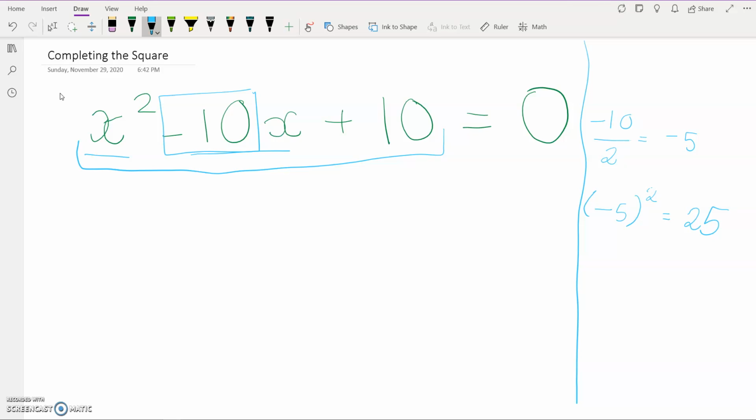Now 25 is a special number in this case because if we can make 10, the original constant in our equation, into 25, then we will be able to rewrite this entire equation as x plus some number whole squared. And that's the goal of completing the square.